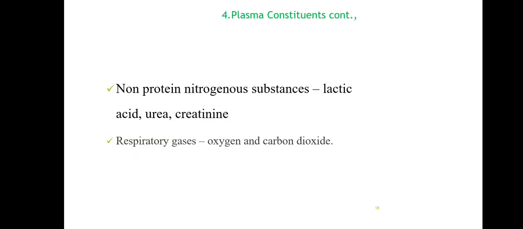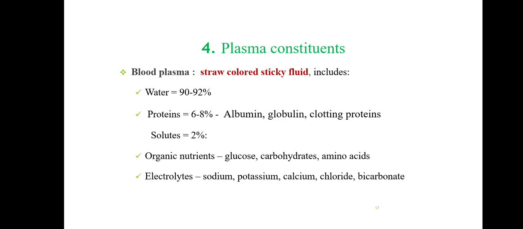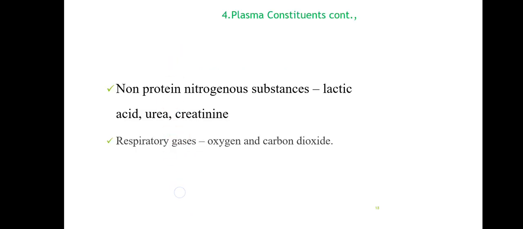Then we also have the non-protein nitrogenous substances like lactic acid, urea, and creatinine. And then we also have some respiratory gases like oxygen and carbon dioxide. These are the components of the plasma: 1, 2, 3, 4, 5, and 6. So all you need is to spice them up, writing a few statements on each so that you can get the full marks.